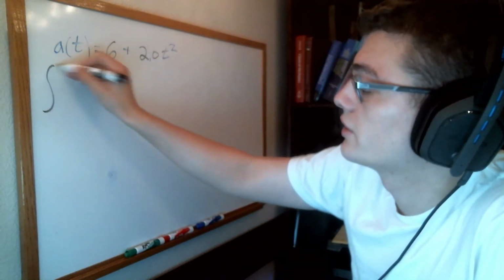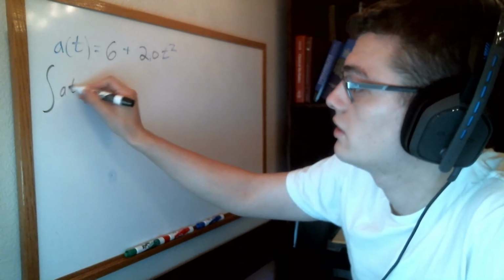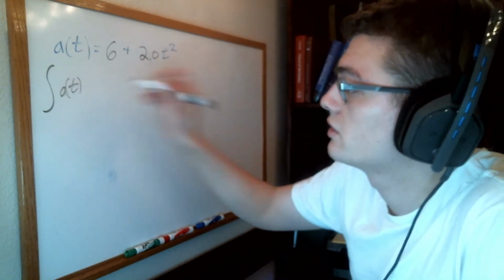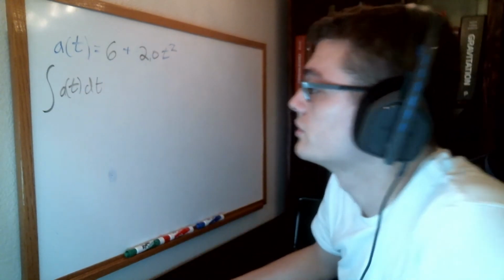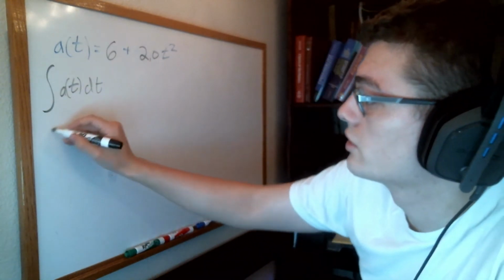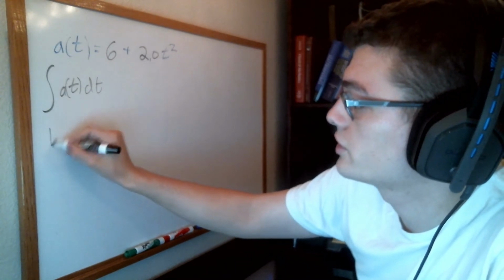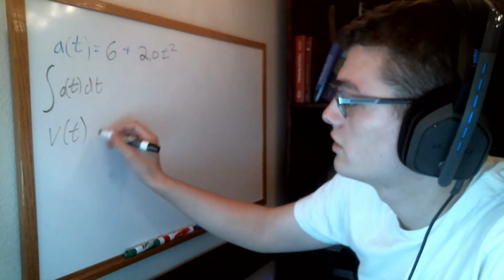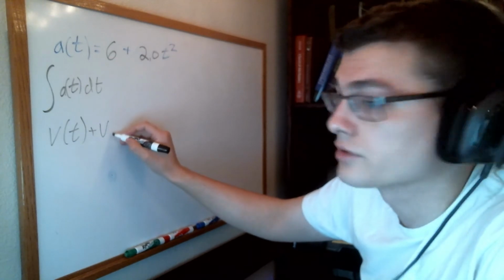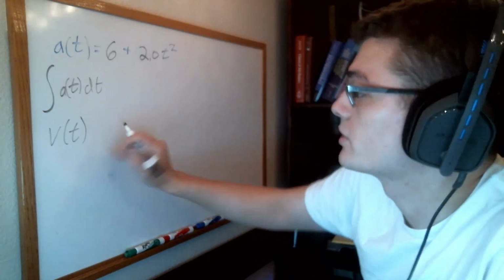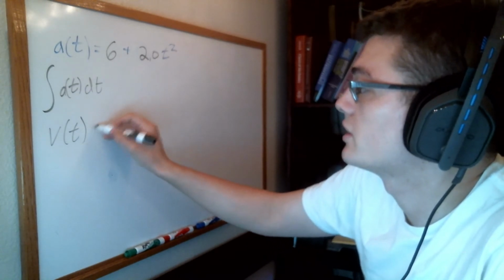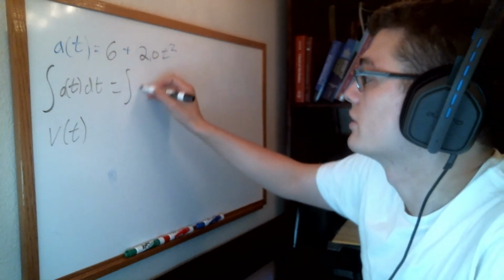Integrating a of t dt gives us our velocity function v of t, plus an initial velocity. I guess you can put it on the other side. Yeah, let's put it on the other side. We're just going to get a of t on this side. And so then we'll integrate this side.